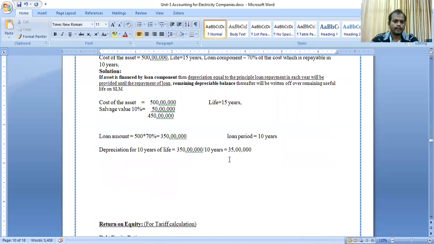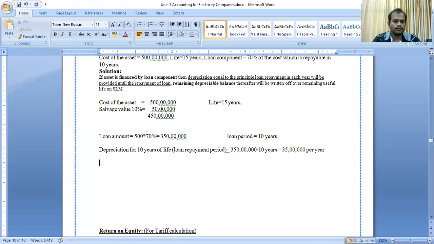So this 10 years is the loan repayment period. So 35 lakhs per year.